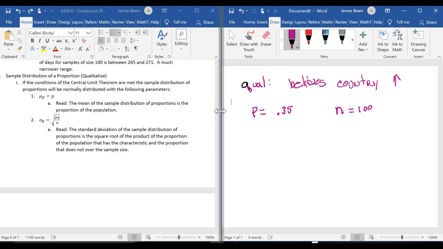So what happens here is that you end up with p hat, which is the proportion of the sample, right? P is the proportion of the population, p hat is the proportion of the sample.